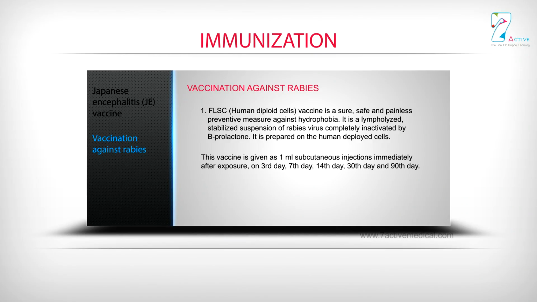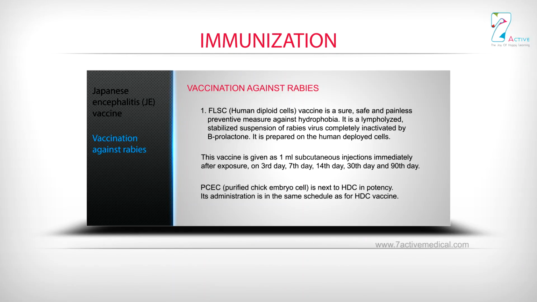This vaccine is given as 1 milliliter subcutaneous injections immediately after exposure on 3rd day, 7th day, 14th day, 30th day, and 90th day. PCEC, Purified Chick Embryo Cell, is next to HDC in potency. Its administration is in the same schedule as for HDC vaccine.